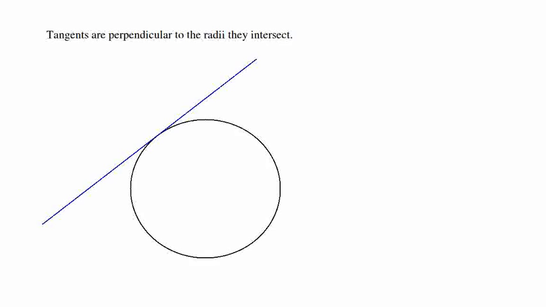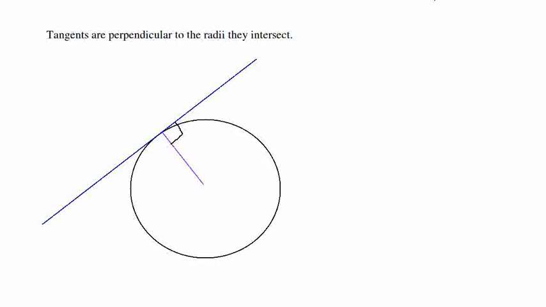And let me draw a picture of the radius that it intersects. All right? So what this is saying is that radii and that tangent are perpendicular. This is a very important result.